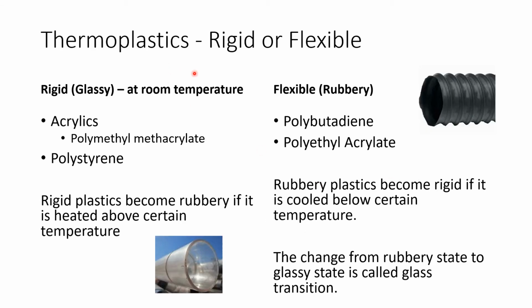Okay, thermoplastic: we have rigid thermoplastic and flexible thermoplastic. Rigid, we commonly call glossy, even though it's plastic. See how it looks like glass? That is plastic at room temperature, of course. Flexible, we call rubbery, even though it is plastic.